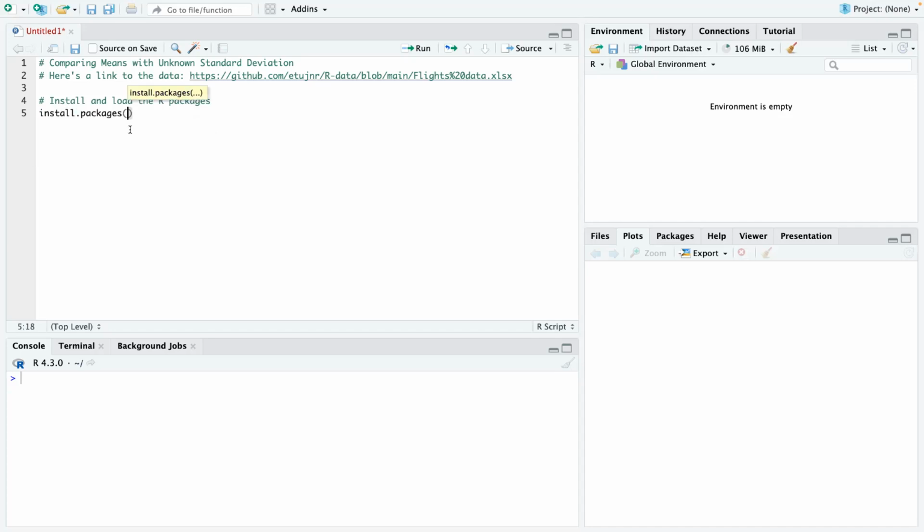If you've installed the read Excel package, you just skip line number 5.